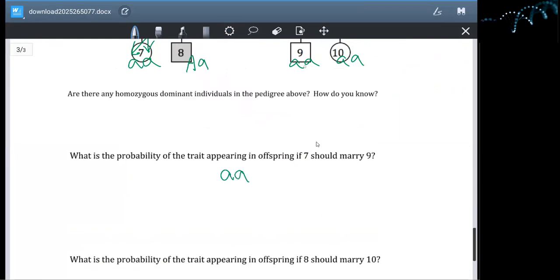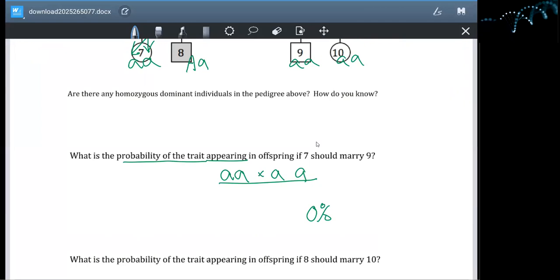What is 9? Little a, little a. Okay. So no possibility of dominant trait. What is the probability of the trait appearing? 0, because there's no dominant allele, correct? And this trait is inherited in the dominant allele, so 0%.